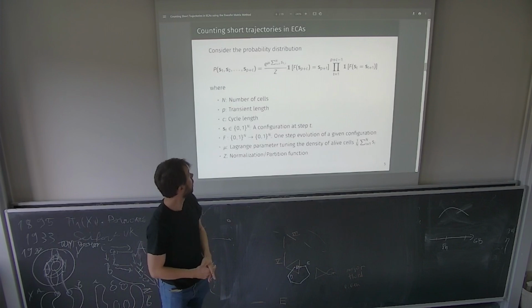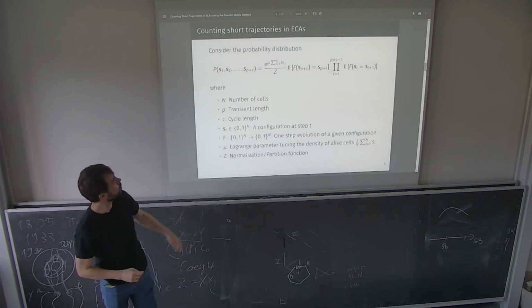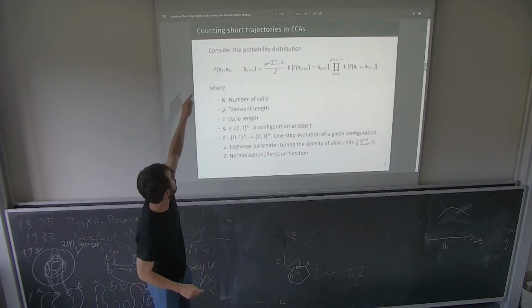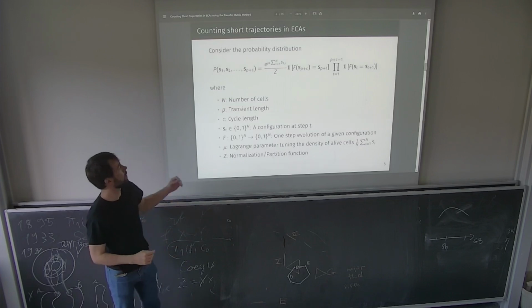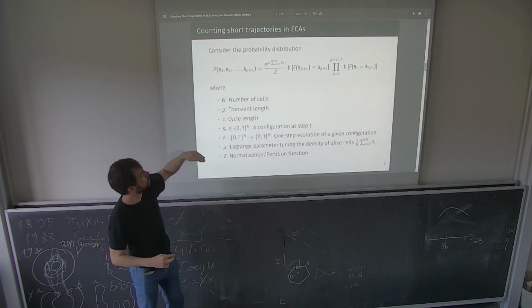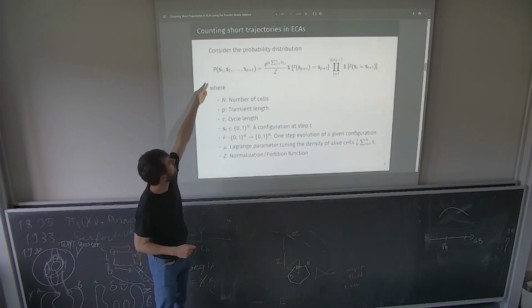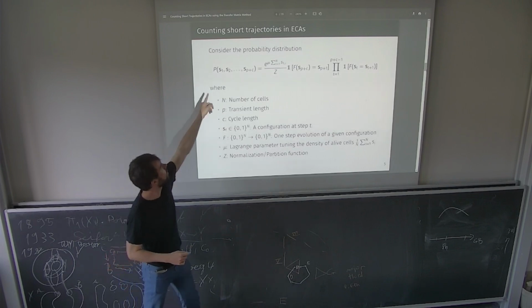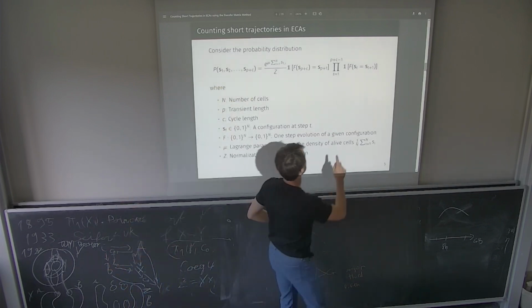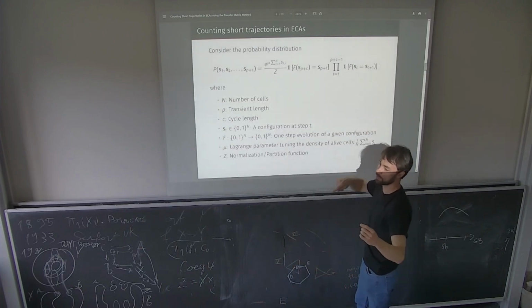Okay, so we will consider the following probability distribution. The vector S is one line, the subscript is the time, and what this probability basically does is check if this state here indeed respects the time evolution. So this is this thing here. And then I also want to know that there is a cycle.